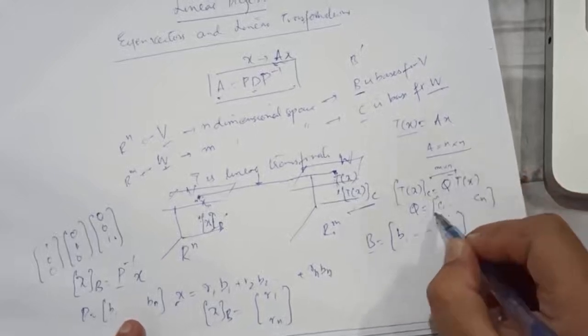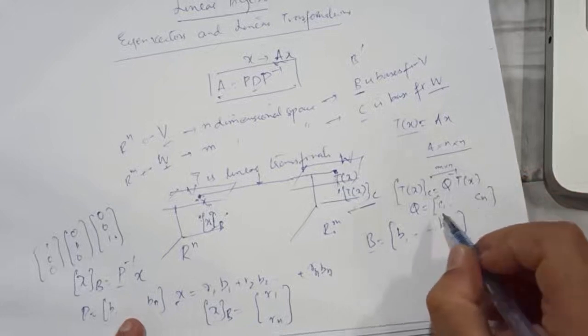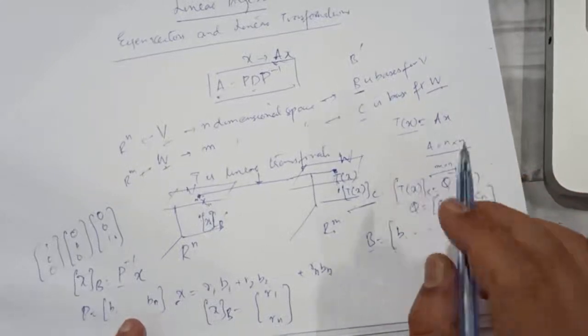So this is a matrix which contains the basis of the vector space W, right?